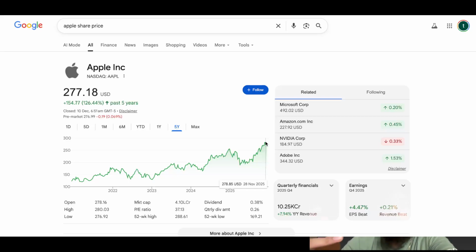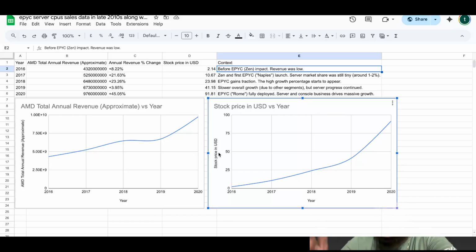We need to know what is the percentage of the revenue increase when we see a hit product. AMD did not have any other hit product at that time, so its stock shot up. But Apple has many hit products, so another hit product didn't really matter much.